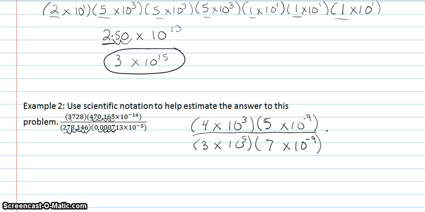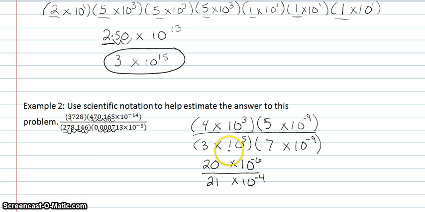Okay, now I can go ahead and multiply my numbers together, so I'd have 4 times 5 is 20, times 10 to the negative 6th power, and then 3 times 7 is 21, times 10 to the negative 4th power.